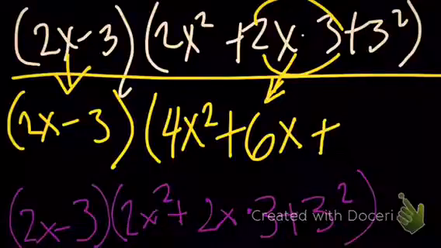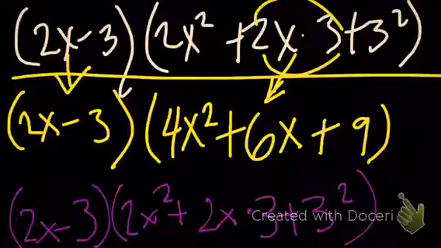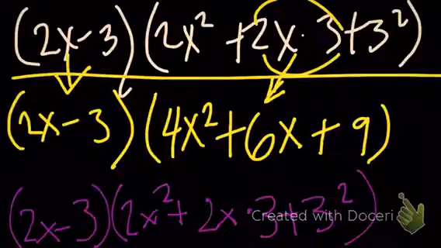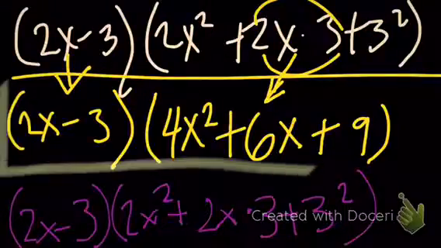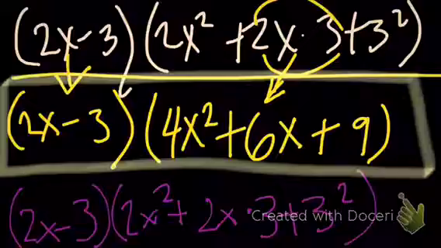And then we're going to square 3, and that's going to give us 9. And this is going to give us our final answer of 2x minus 3 times 4x squared plus 6x plus 9, which is going to equal our original equation, which was 8x cubed minus 27.